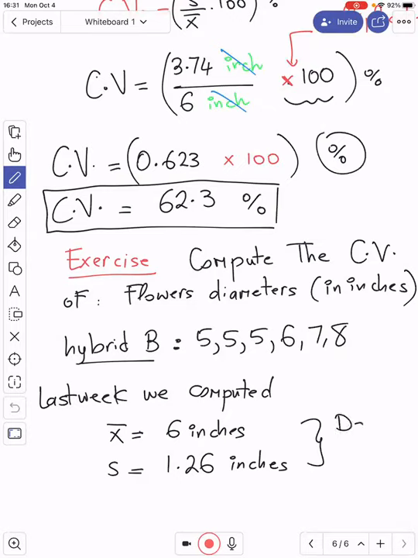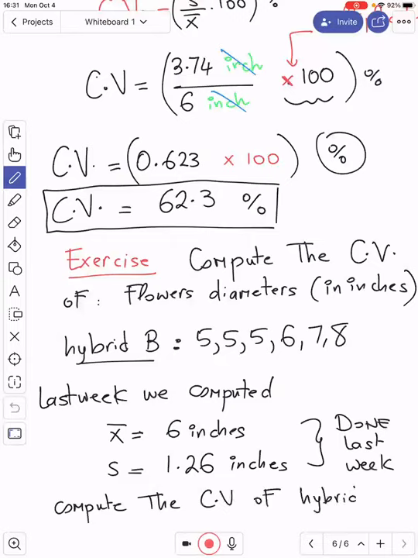So please, I'm going to give you a couple of minutes to compute the coefficient of variation of this hybrid B. And then we're going to compare the two coefficients of variation of hybrid A and hybrid B.